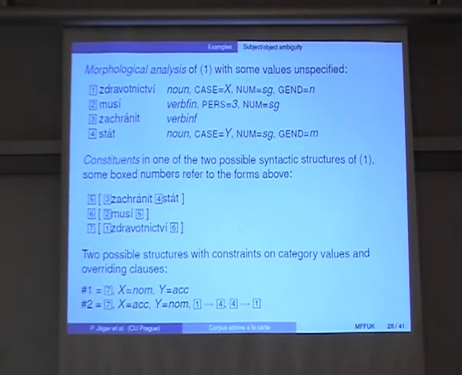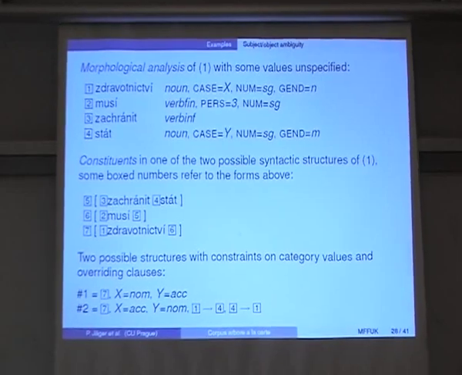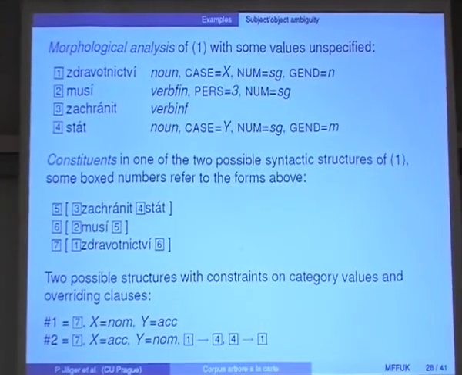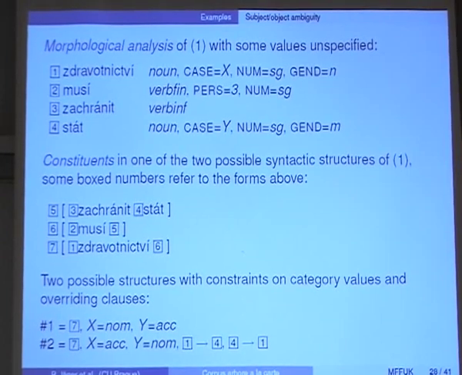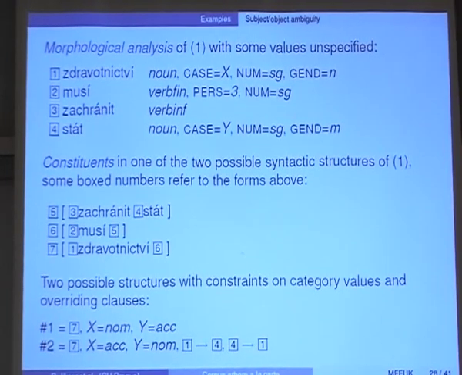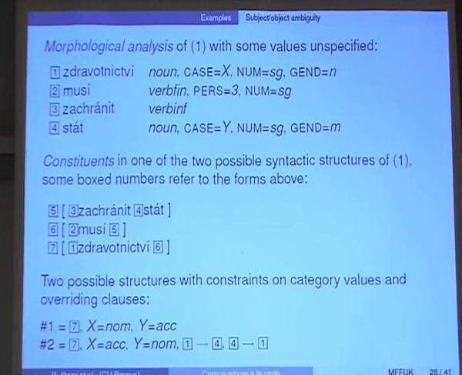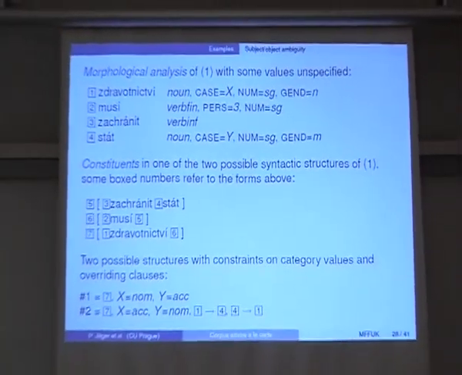As to the morphological analysis of the first of the sentence, we see some values unspecified. Zdravotnictví musí zachránit stát. The number is expressed, gender and also case, but for case there is a variable, and also with stát. Here is the tree expressed in this way. These are the constituents of the tree in one of two possible syntactic structures of the sentence.